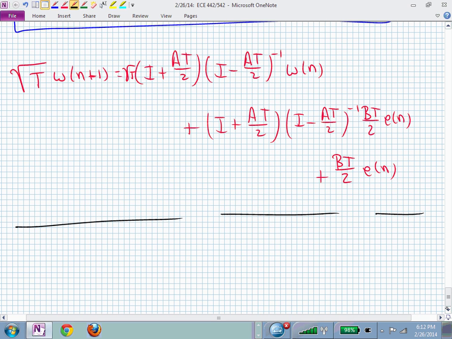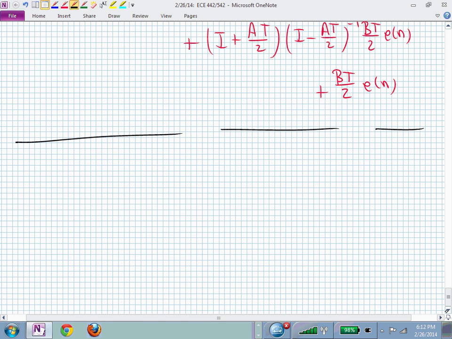I'll do that in black, and try not to get blue here so that we're not black and blue. What I'm wanting to do is clean up this e of n stuff.